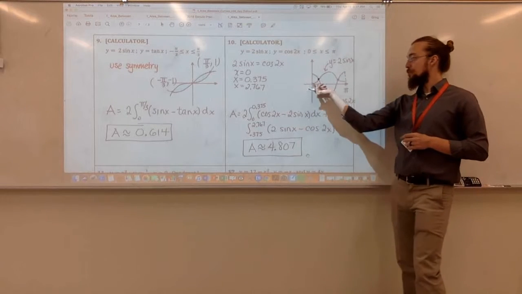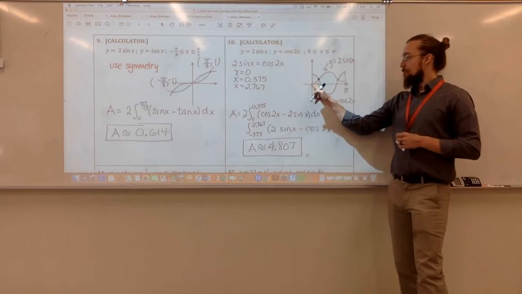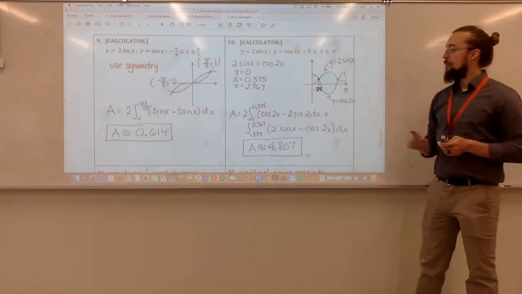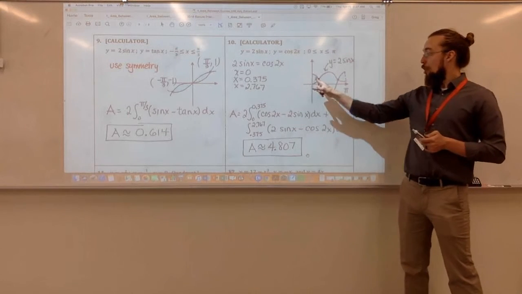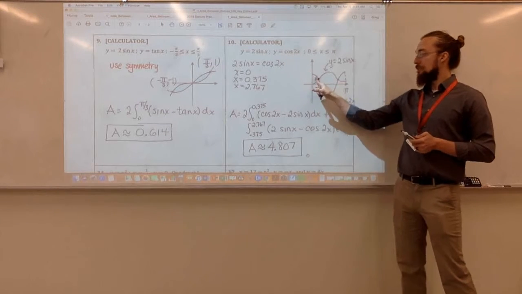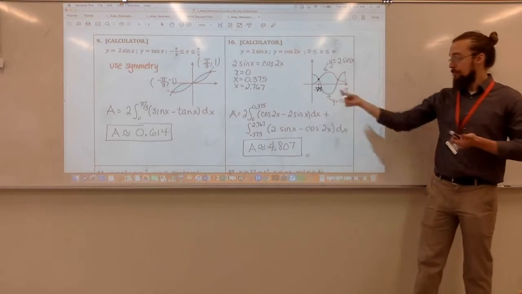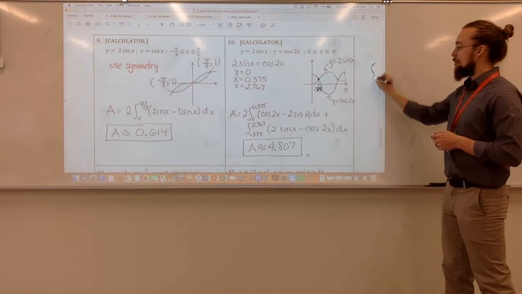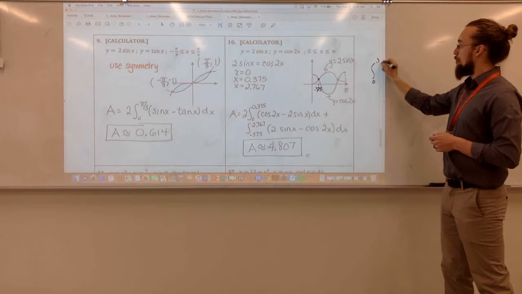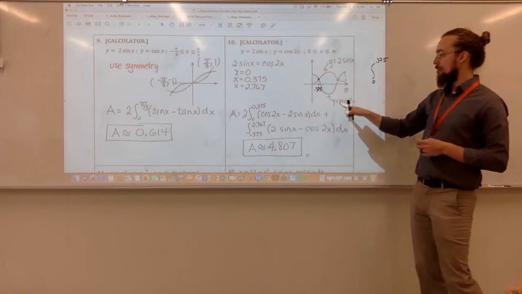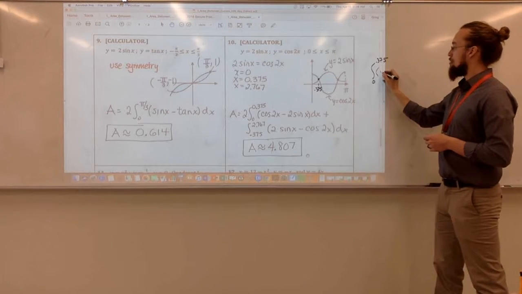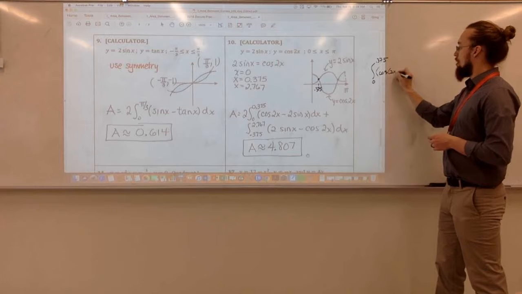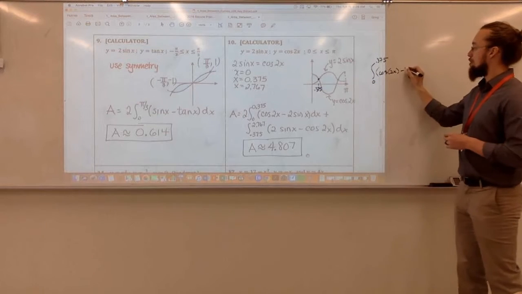So on this first interval, from 0 to 0.375, the cosine of 2x function is greater. So I need to split this up into three pieces, right? So the first piece would be 0 to 0.375 of the cosine of 2x minus 2 sine of x.